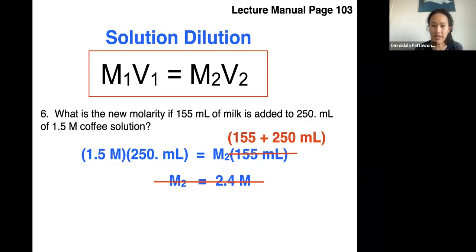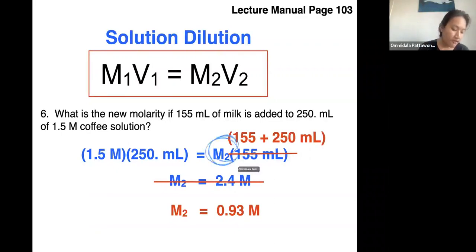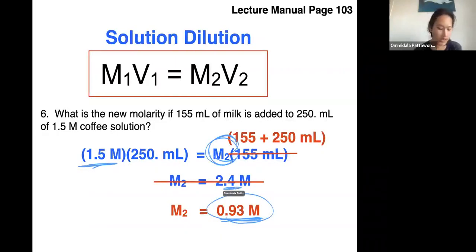If you correct this, you are actually going to get a molar concentration equal to 0.93 molar. Which makes sense because remember, if you dilute something, your final concentration has to be lower than the initial concentration, right? So it makes more sense to have a lower number than the higher number that we calculated earlier. In this case, read the problem carefully, whether it is added to, or is already the total volume.